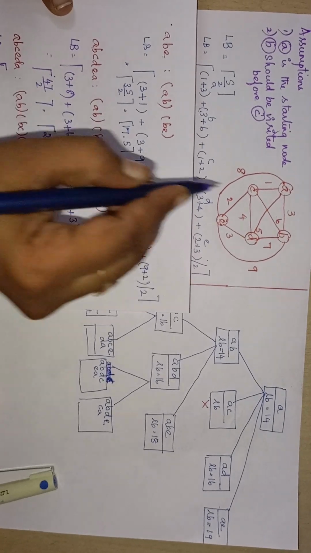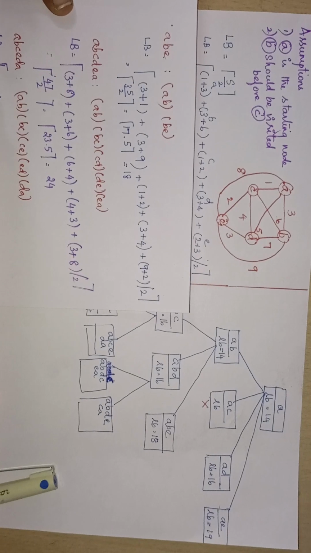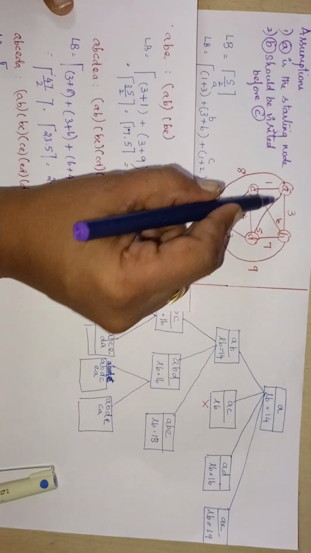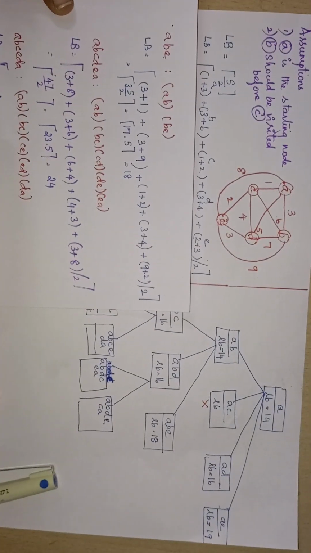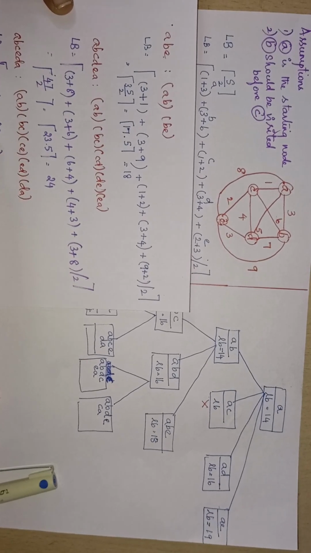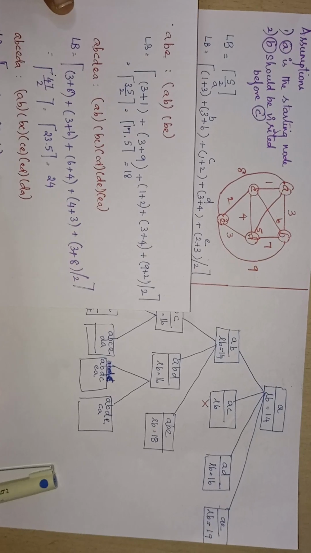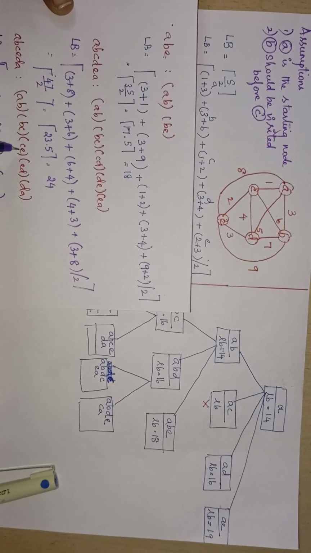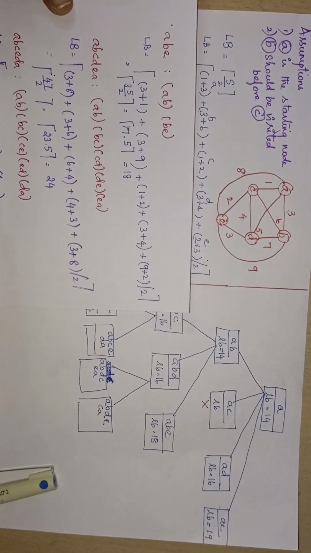So AB is 3, DA, that is AD, is 5. For B, definitely AB and BC. AB is 3, BC is 6. For C, definitely BC and CE. BC is 6, CE is 2.